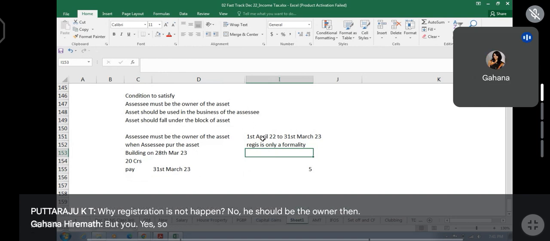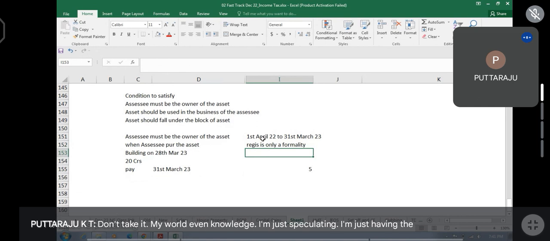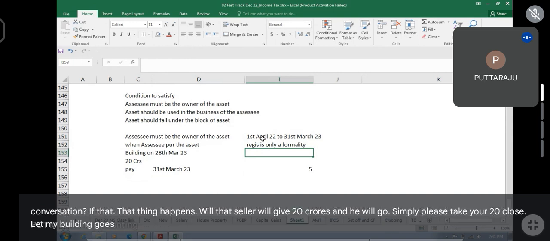Yes, sir, you said it's just a formality in this case. No, don't take it as my word, it's your knowledge. I'm just speculating, just having a conversation. If that happens, will the seller simply say, please take your 20 crores, let my building go on fire? What could be the remedy? How does the law work? Only the formality is pending.